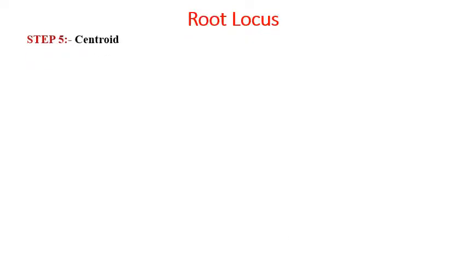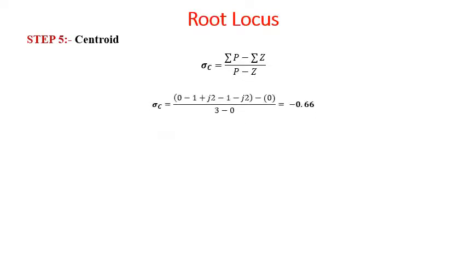So step 5, centroid. Centroid is given by sigma c equal to the summation of poles minus the summation of zeros, that is the real part, divided by p minus z. So we already have sigma c equal to the real part of one pole, s equal to 0.